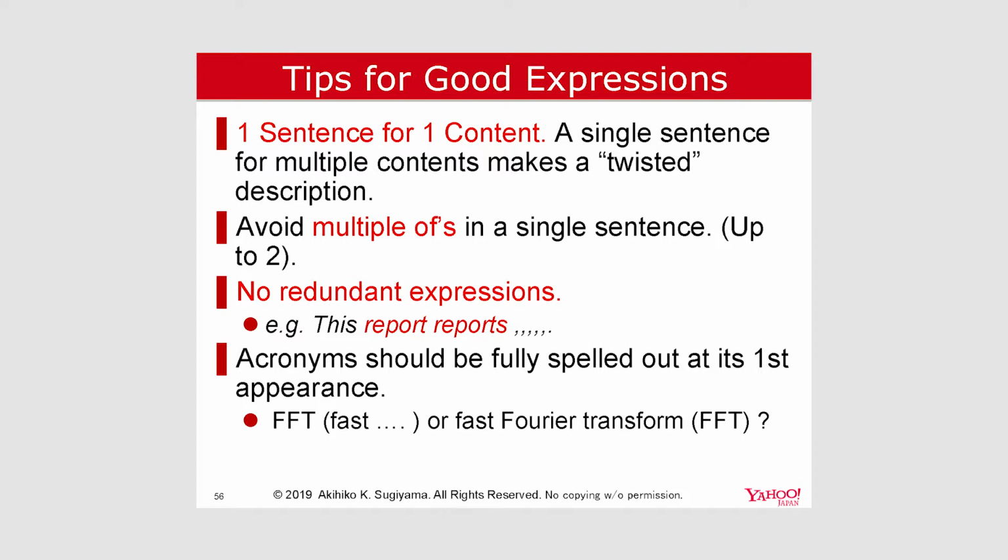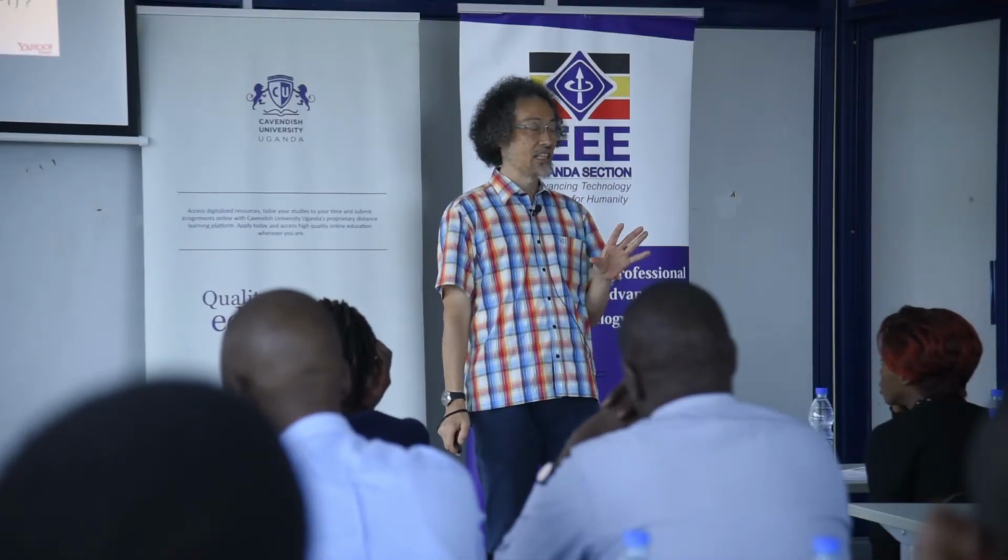Acronyms. You are likely to use acronyms represented by some alphabetical characters, like 3 characters, 4 characters, like that. Acronyms should be fully spelled out at their first appearance. When you use it for the first time, fully spell it so that there will be no misunderstanding.